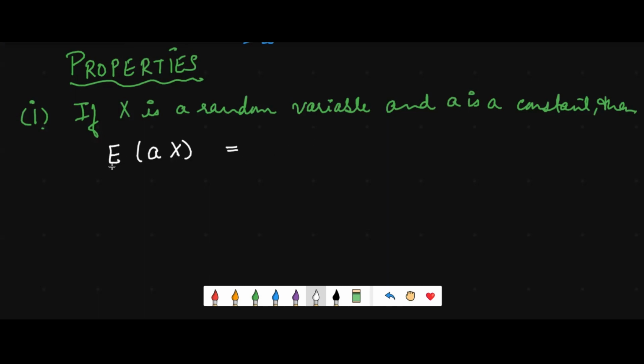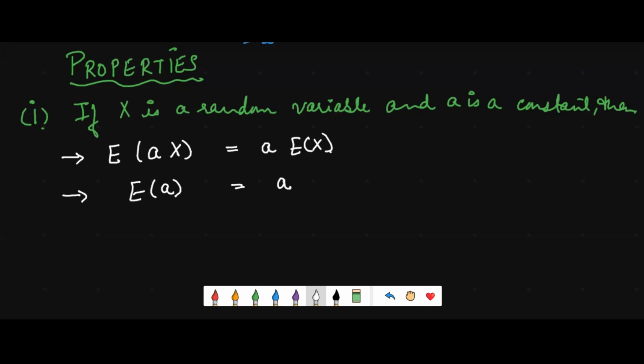So what is the expected value of AX? We have it as A times E of X, right? And if we are talking about the expected value of only A, that means the constant, it is nothing but A only. So whenever we are talking about any constant and we need to find out its expected value, it would be just the constant and nothing else.